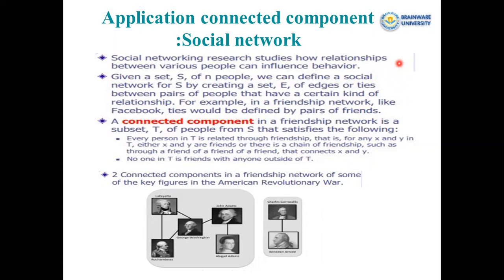So if we are finding the relationship among them, that means if we consider Facebook, and we are finding whether there is any relation of person X with person Y. That means X is a friend of Y, or X is related to Y, like friend of friend or friend of friend of friend. This is what we call a mutual friend.